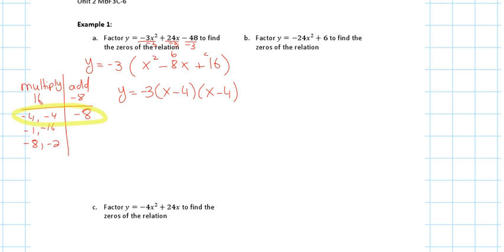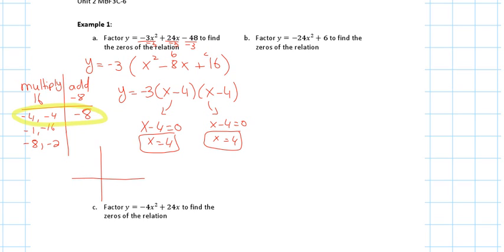So I need to find the zeros. What would be my zeros? So in this case, I have the same zero, right? Remember that we talked about previously that when you're looking at a quadratic function, you might have two zeros.